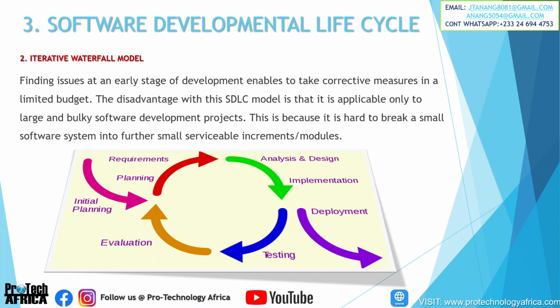Or else, if there are issues, then we come to testing. From testing, we come to evaluation. Then from evaluation, we go back to what? To the planning stage again. And then from the planning, we come back to the analysis. From the analysis, we come to implementation. We come to testing. If no further errors or issues have been found, then we move on to the deployment of the product.